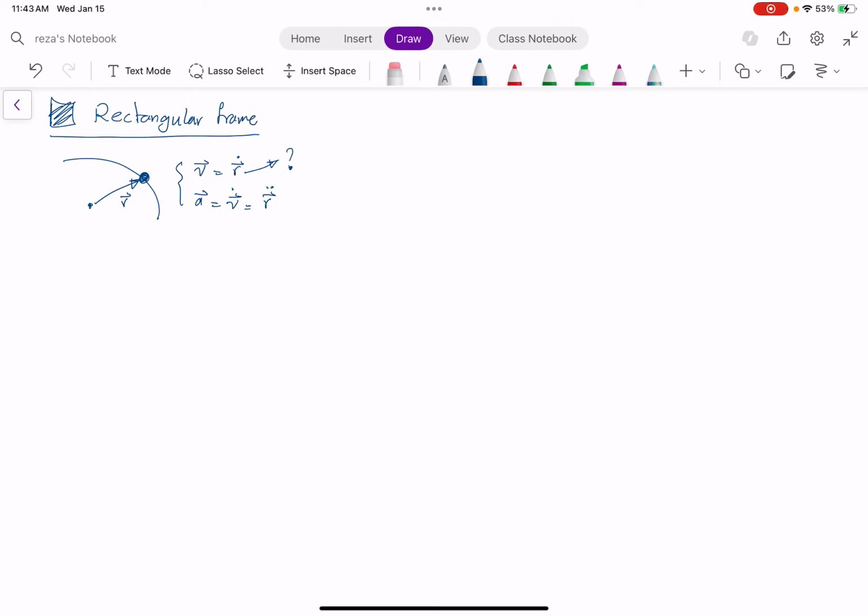So the main issue at hand here is how do you write a vector in a mathematically usable form. Note that a vector is a quantity that has magnitude and direction.